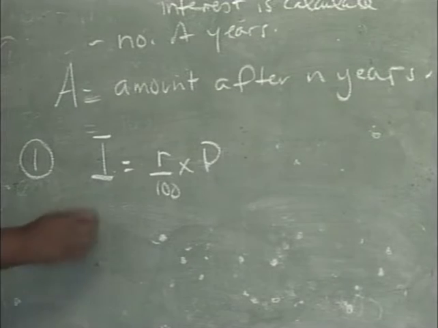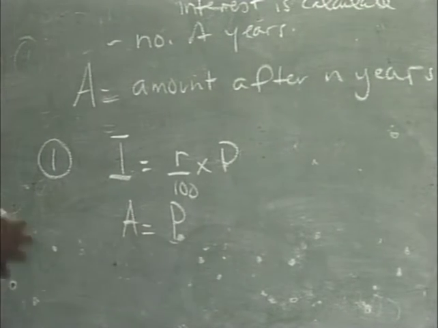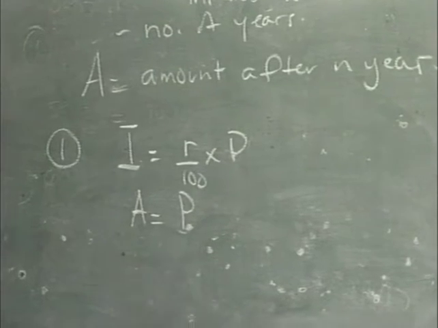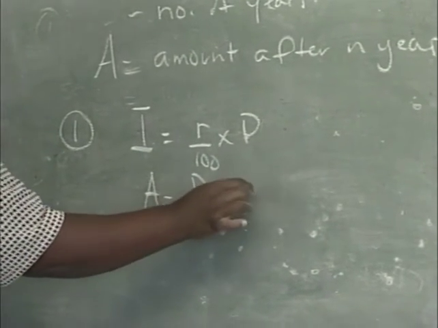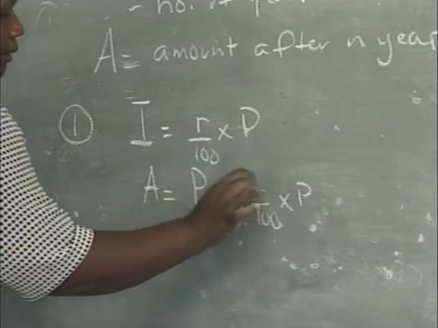The amount after the first year is going to be the principal, like I just did, 2,000 plus the interest. So the principal plus the interest, which is R% of P.